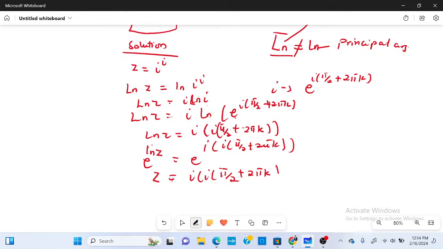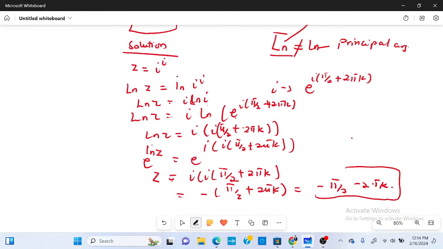So our complex number becomes e to the negative pi on 2 plus 2 pi k, which is also equal to negative pi on 2 minus 2 pi k. And this is the solution for the expression i to the power i.